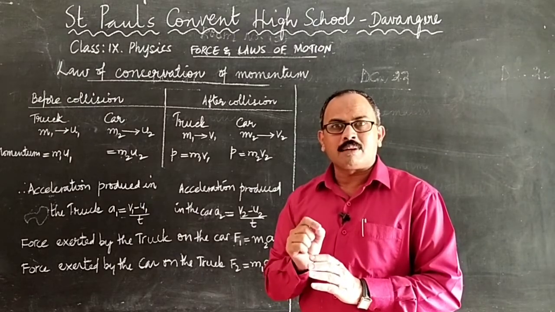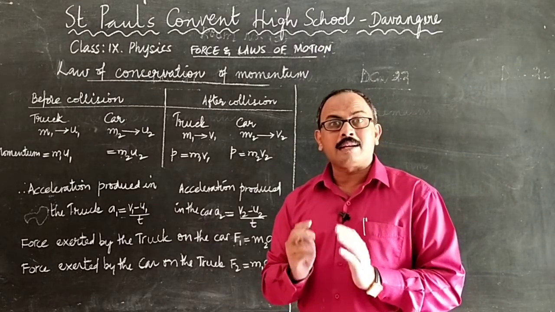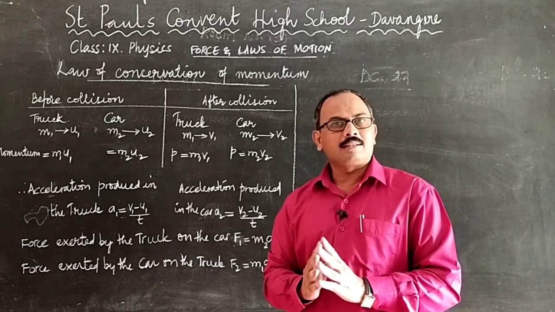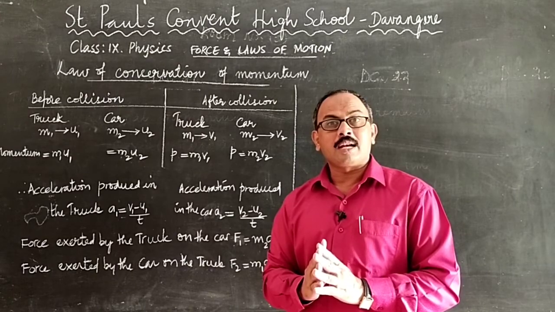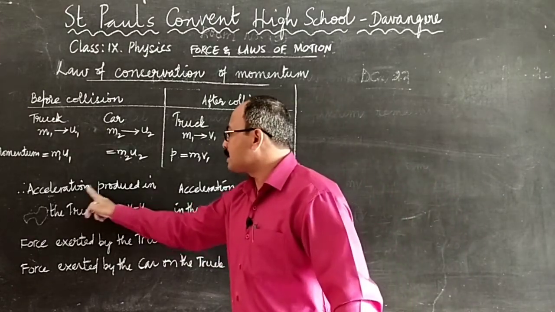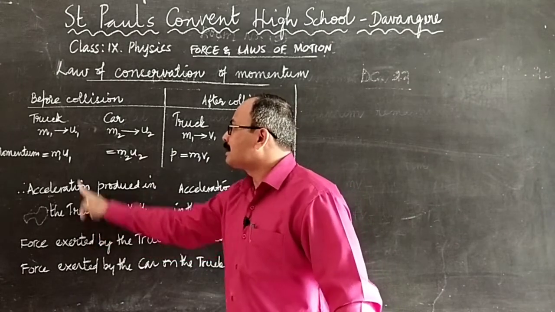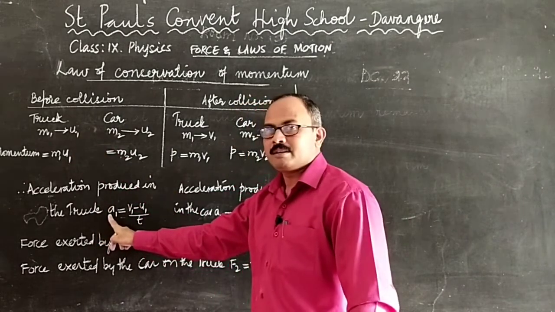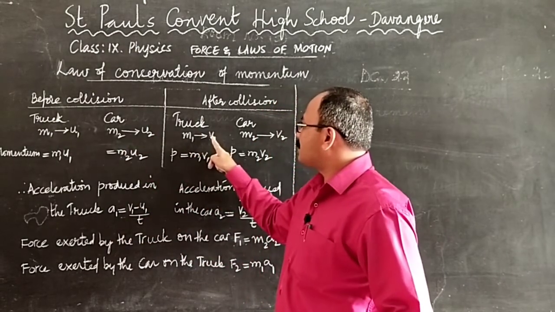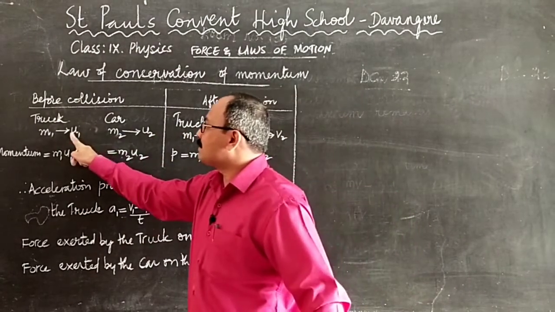When there is a change in velocity, we say that acceleration has occurred. Acceleration is nothing but the rate of change of velocity. Therefore, acceleration produced in the truck, A1, is equal to its final velocity v1 minus the initial velocity of the truck.